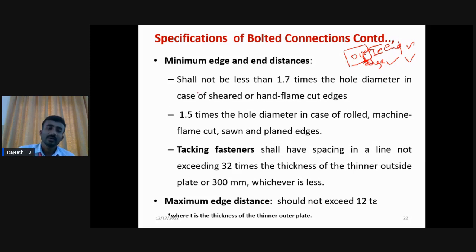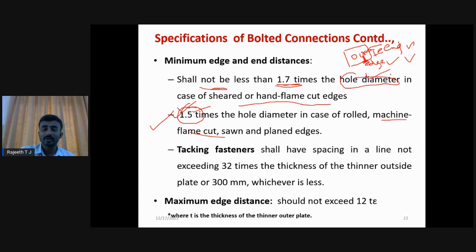The value, according to the code, shall not be less than 1.5 times the hole diameter in case of rolled or machine cut edges. Nowadays we all go for machine cut edges. The edge and end distance should be a minimum of 1.5 times the hole diameter.